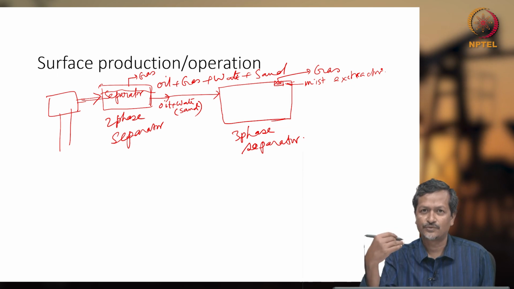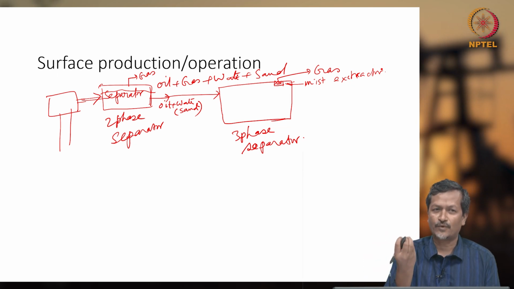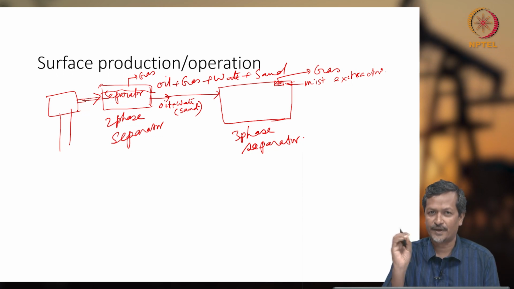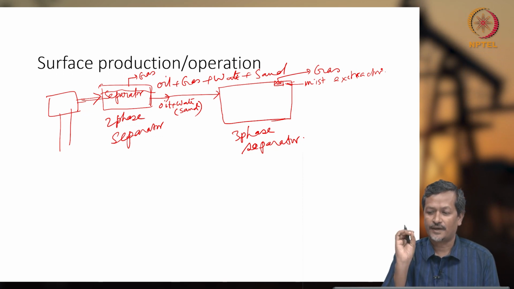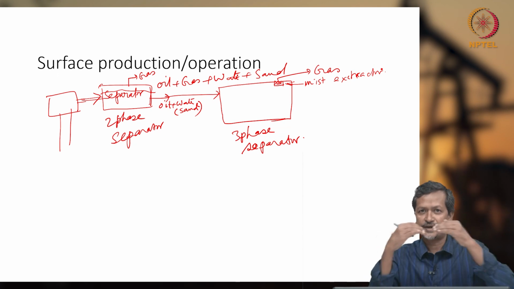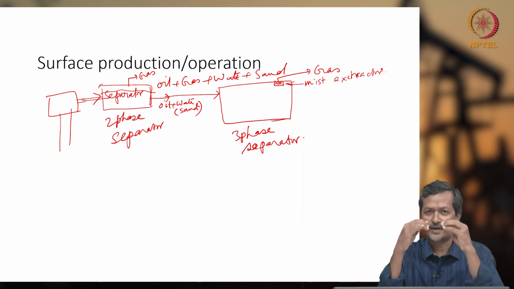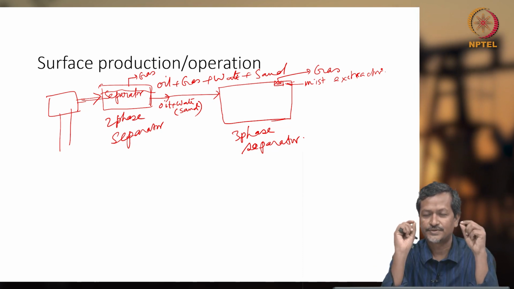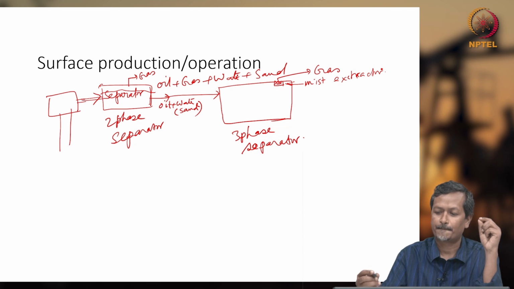So mist extraction means it will be holding all the, if any water particle or liquid particle is going through this channel or through this mesh or extractor, this will be colliding each other, and when colliding each other it will make bigger particle and it will be falling down, and gas which is lighter weight, it will go through the gas line.